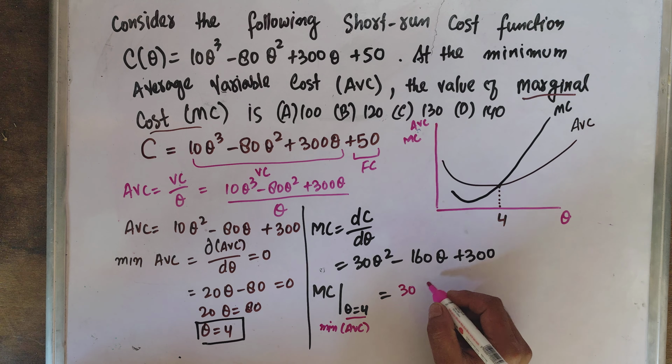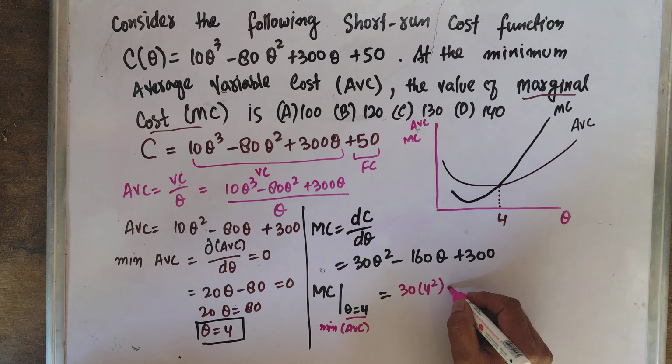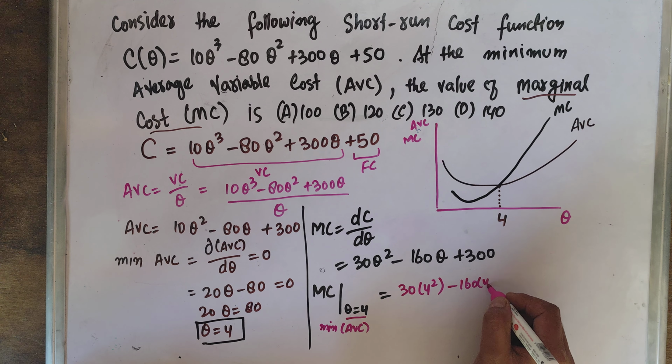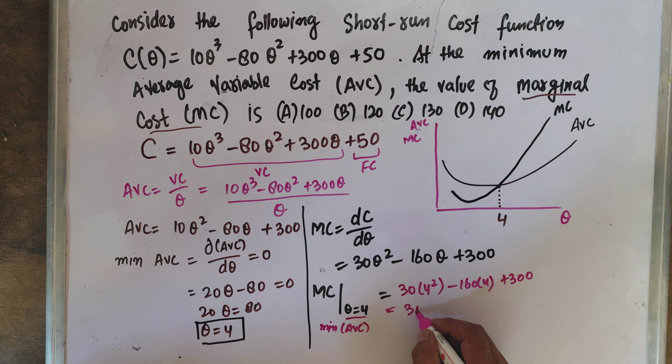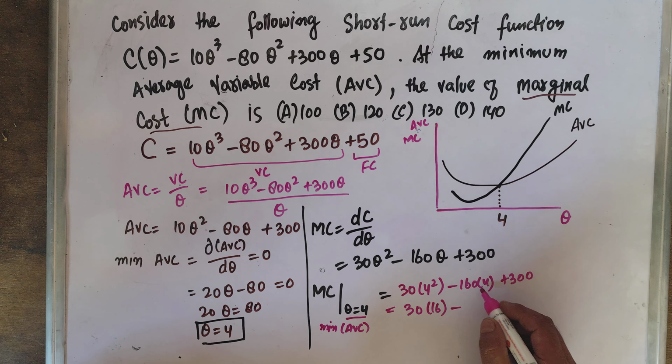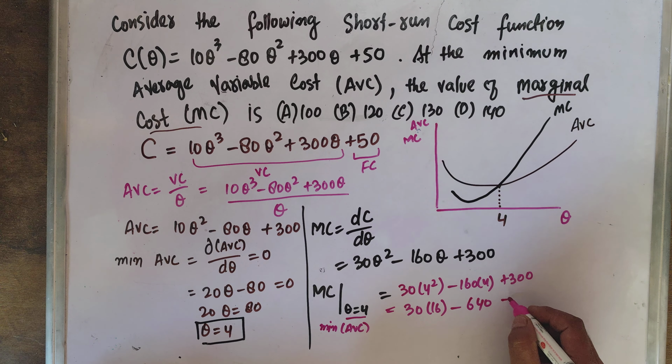So we have 30 into 4^2 minus 160 into 4 plus 300. So this is 30 into 16, which is 480, minus 640, plus 300.